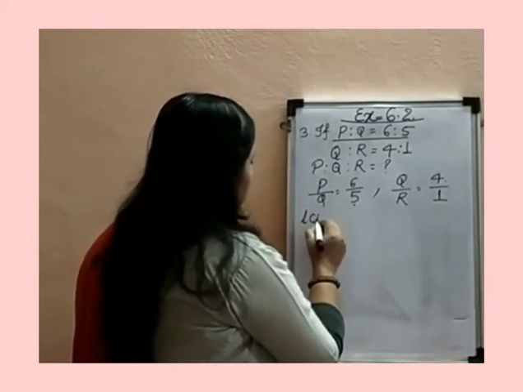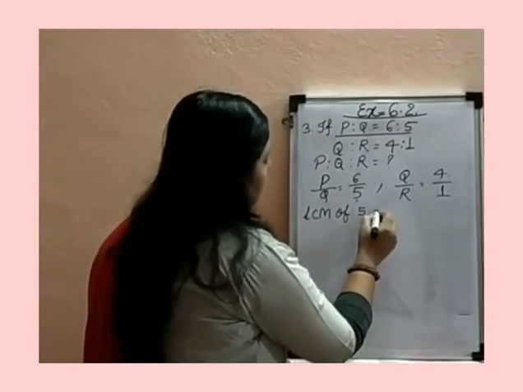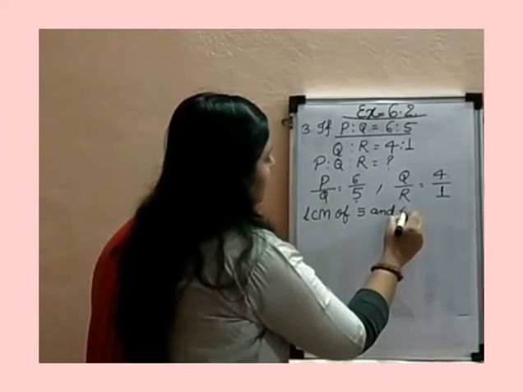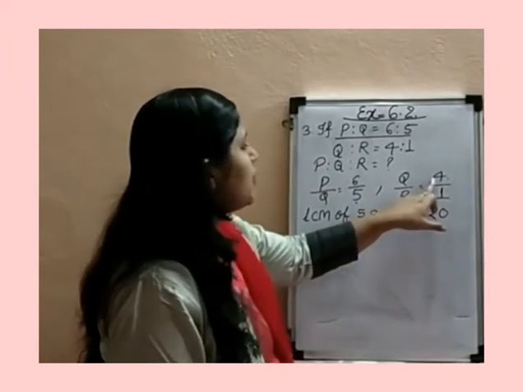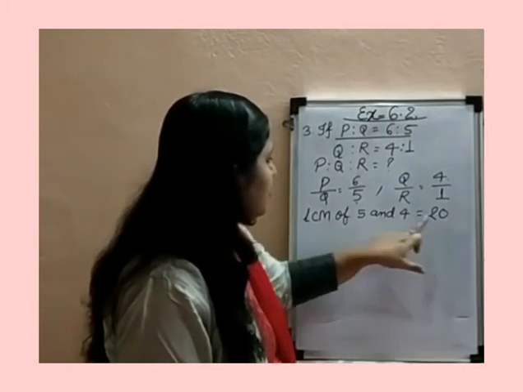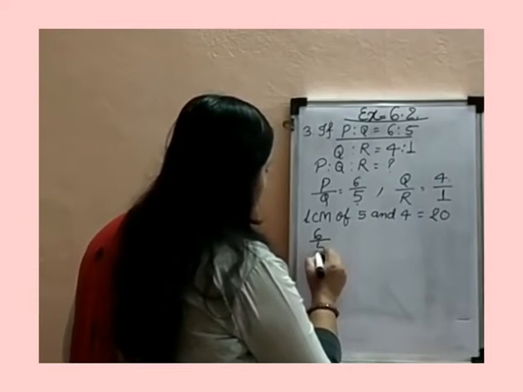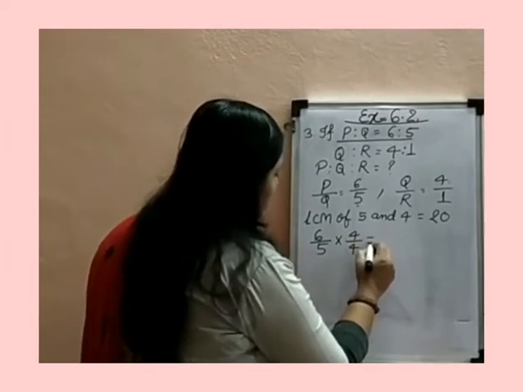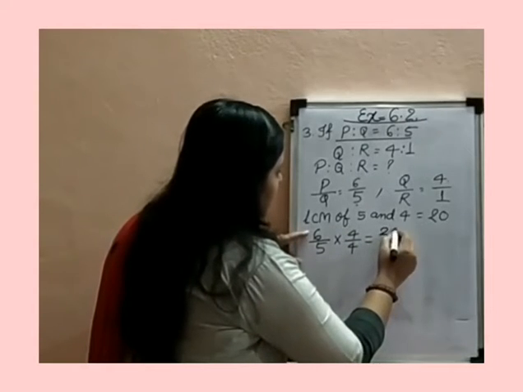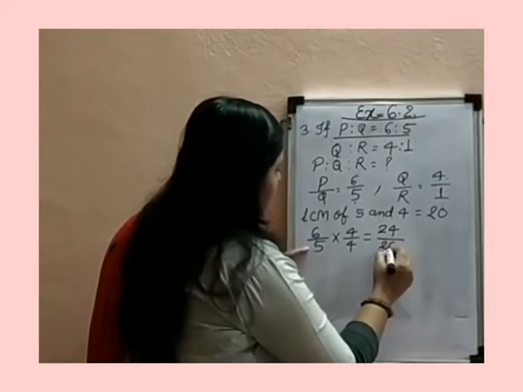So find out the LCM of 5 and 4, which is 20, and make it equal. It means 5 will be 20, 4 will be 20. So 6 upon 5 multiplied by 4 upon 4. 6 fours are 24, 5 fours are 20.